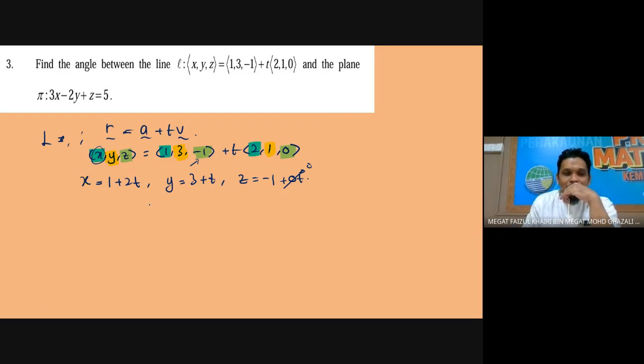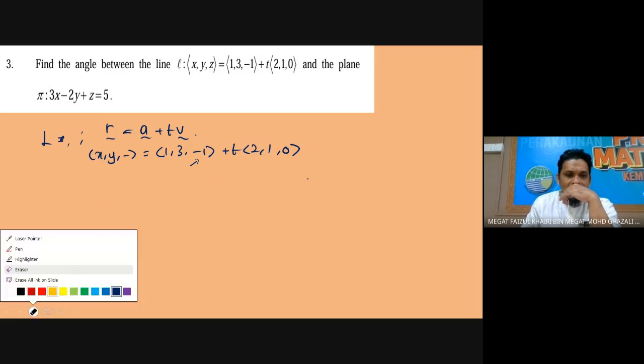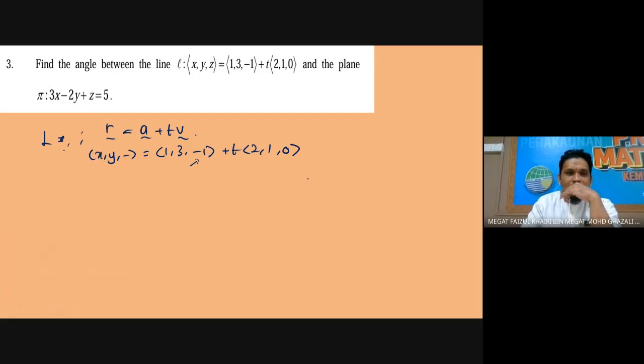So, which I think that, okay, sorry. I thought it was asking to find the intersection point. No, not this one. So, meaning here, find the angle.